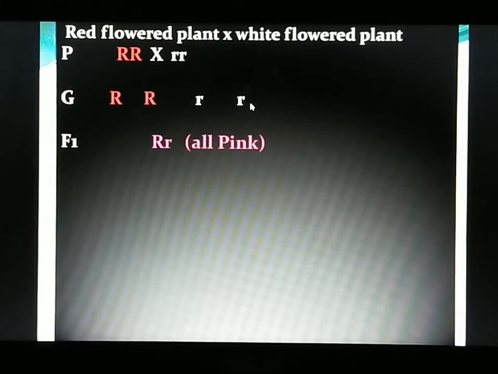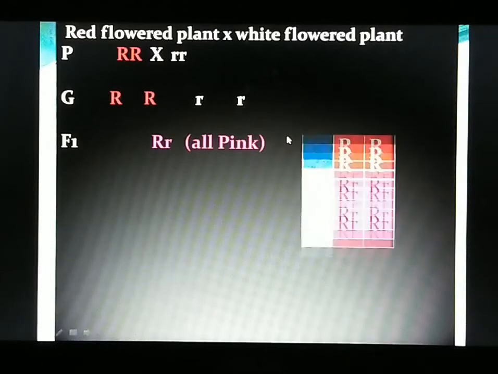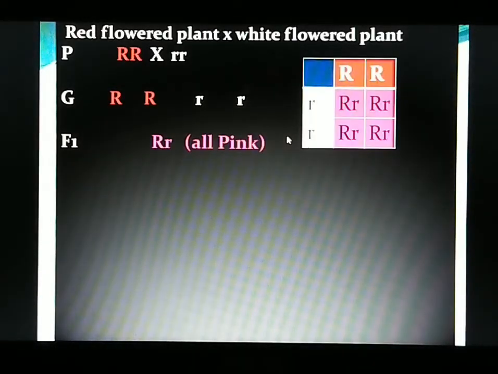So in F1 generation we see that all the plants that are obtained had pink colored flowers. So with the help of Punnett square we can work out and we get all these offsprings. Those are hybrid, heterozygous, but the color of the flowers is completely different from that of parent. So they don't resemble any of the parent.